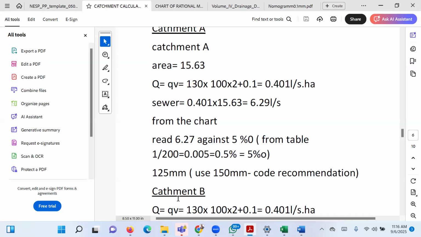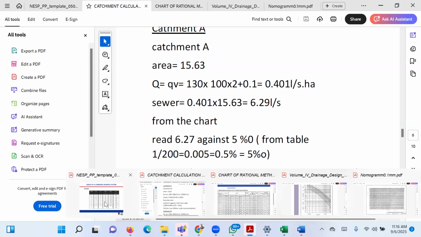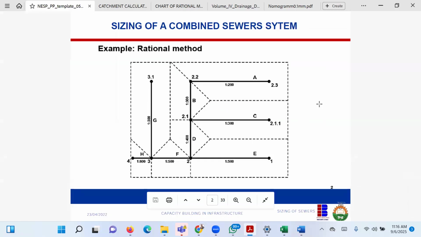So even though I got 125, I am constrained to use the minimum recommended value. So the pipe size is 150. It means the pipe for catchment A is 150 mm.